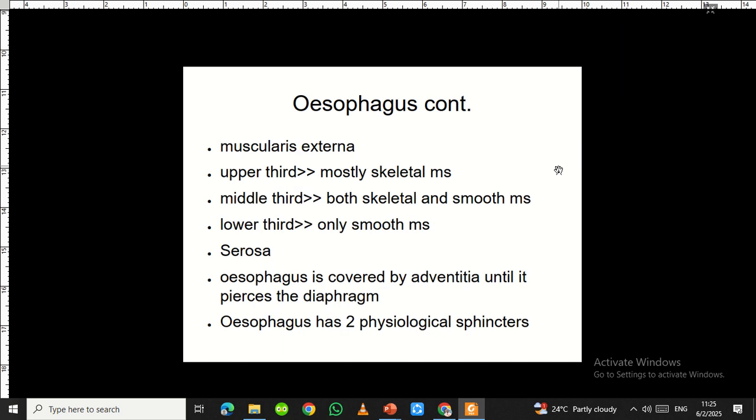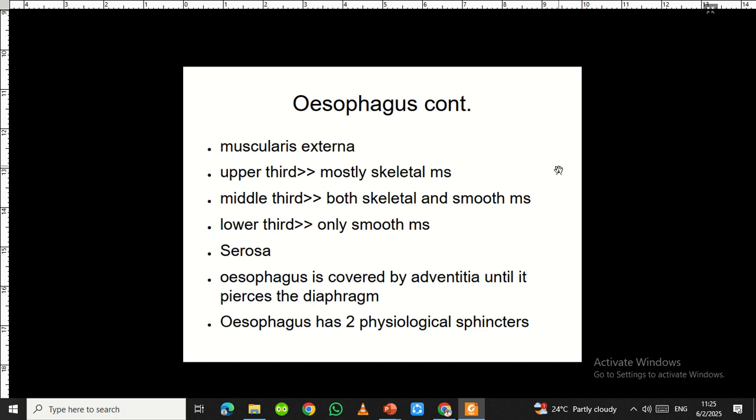Right, let's take a look at the muscularis externa of the esophagus. That's one thing that you have to understand. So the esophagus is divided into thirds: upper third, middle third, lower third. The upper third is going to have the muscularis externa, both the inner circular and the outer longitudinal, being mostly skeletal muscle.